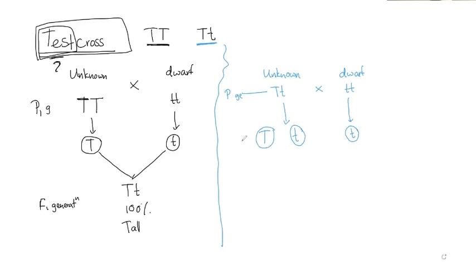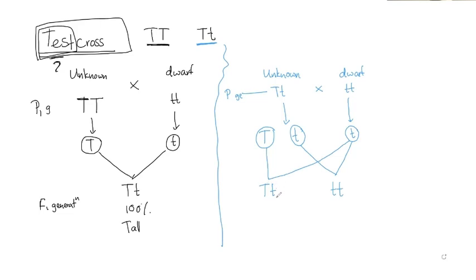Then in the F1 generation, this capital T goes with small t, giving capital T small t. And then this small t goes again with small t, giving small t small t. So we get two genotypes, right?